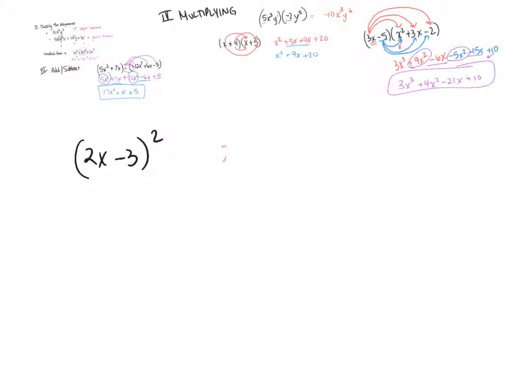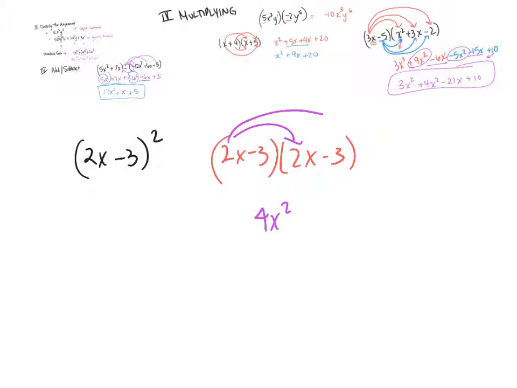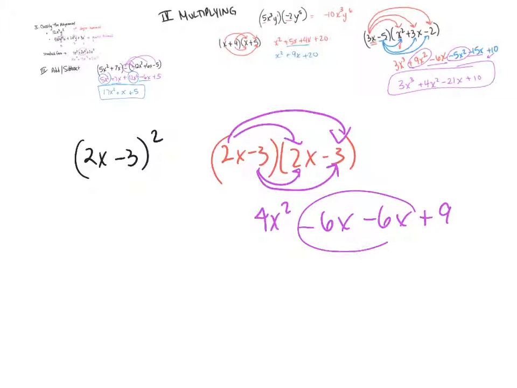So you could take it the long way and write out 2x minus 3 times 2x minus 3, and then you can distribute or FOIL. 4x squared minus 6x, another minus 6x, plus 9. Combine like terms in the middle, and you get 4x squared minus 12x plus 9.